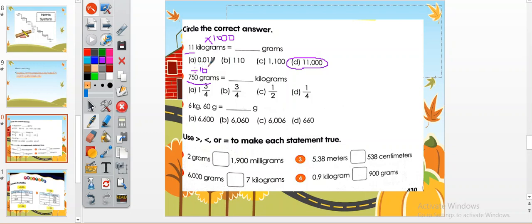Remember, when you divide a number with no decimals, which we call a whole number, by a power of 10, you just put a decimal point, then move it as many places as you have zeros, which are 3 here. 1, 2, 3.